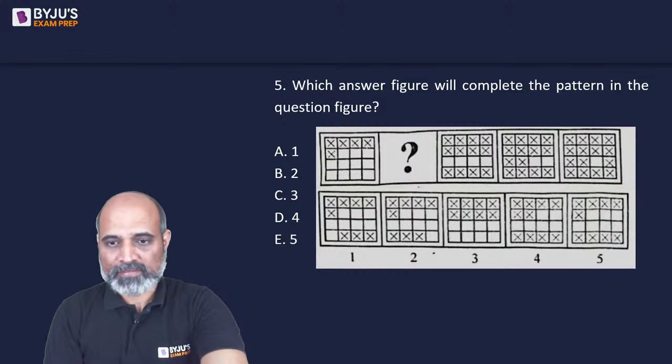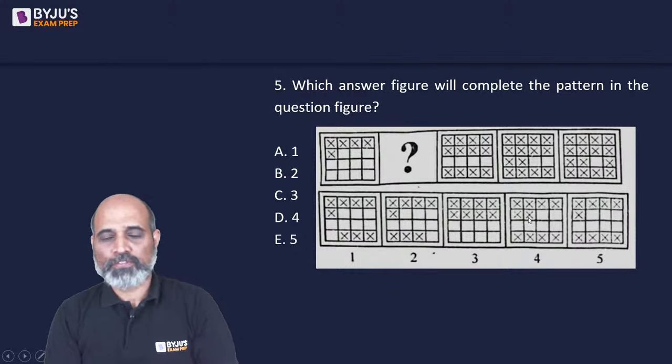Anyone? Are you guys answering? Shrashwati, Tejaswini, are you saying the answer is C? Prajakta says D option, 4th.